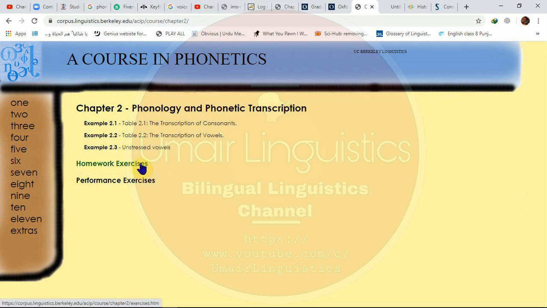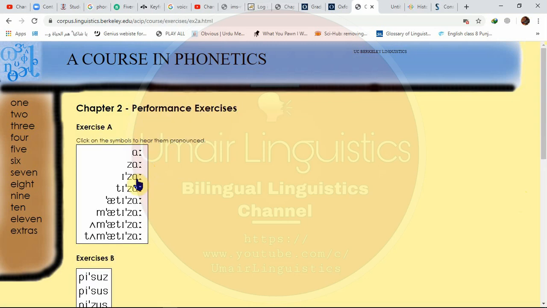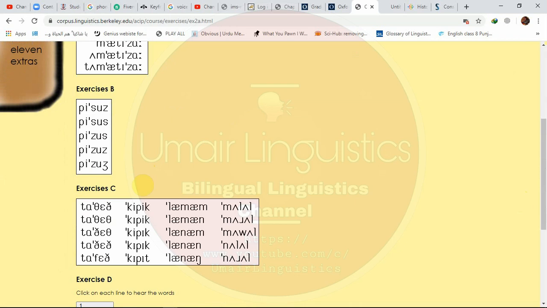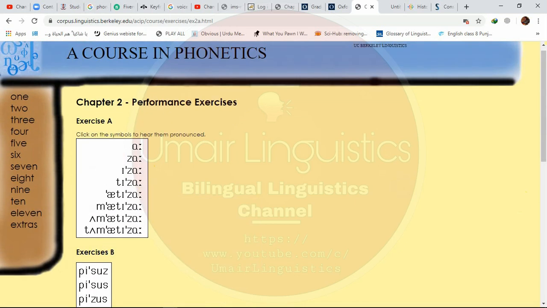So actually, I was telling this in a bit of a hurry because the lecture has been too long. In the performance exercises that I have just described, you will find all these exercises. If you have an interest in phonetic transcription, you can do it for a very long period.